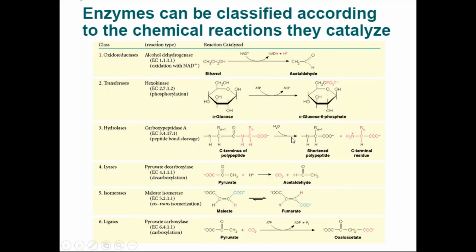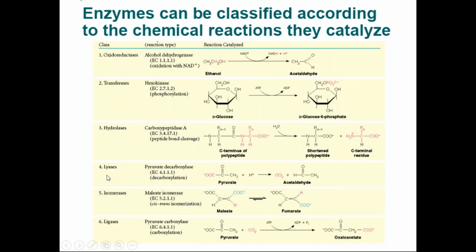The hydrolases use water in their reaction and they break down a bond to give you the products. The example here is carboxypeptidase, which removes the carboxy terminal amino acid of a protein to give you the peptide, which is shortened by one amino acid, and the C terminal residue.